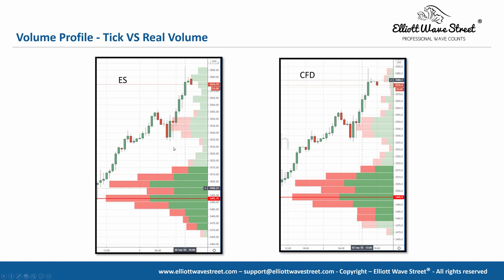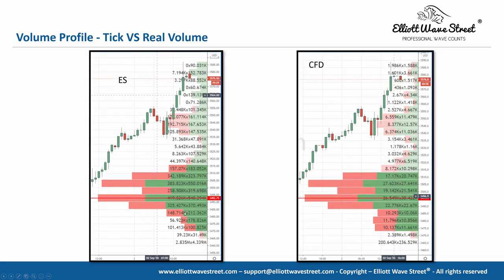So here we can demonstrate that whether you have access to the real volume or you don't, you are going to finish with the same result. Because volume profile can show you the real volume with 90% effectiveness. And if we go with the values, look, they are different, of course, because these are the real ones connected to the exchange, and this one is just from the broker that provides this CFD, which I think is Oanda.